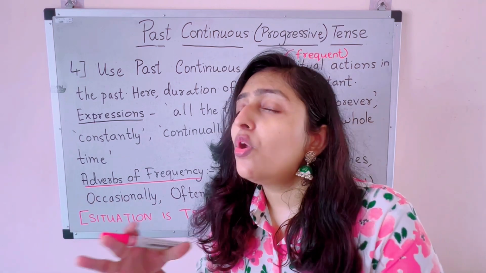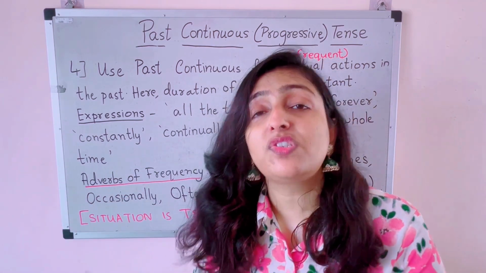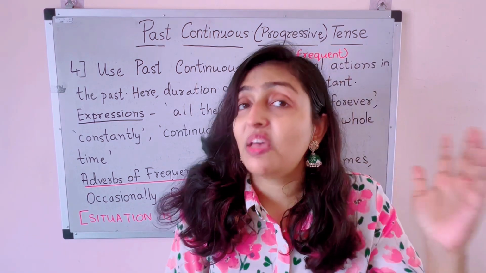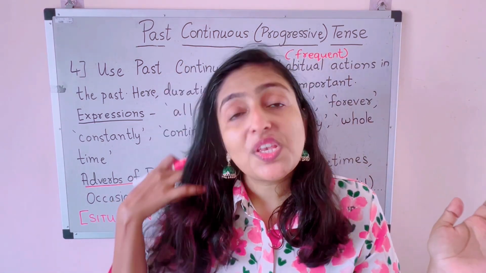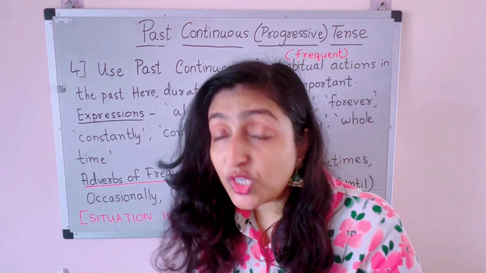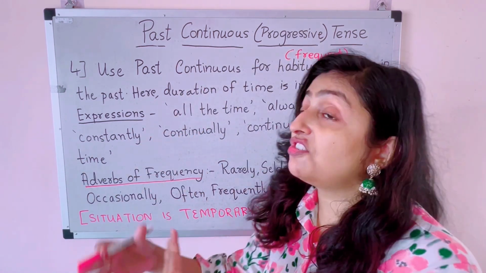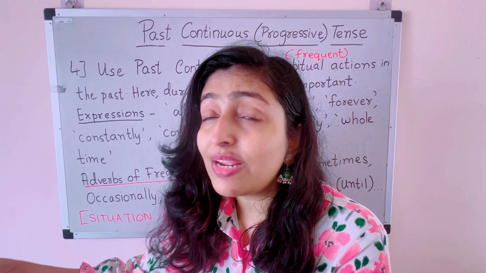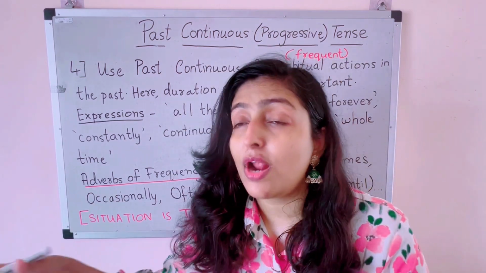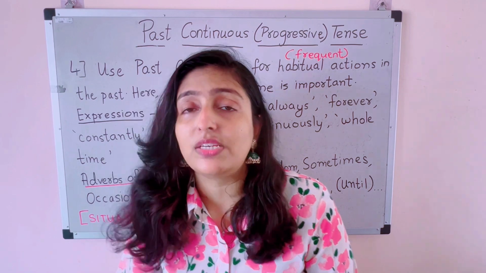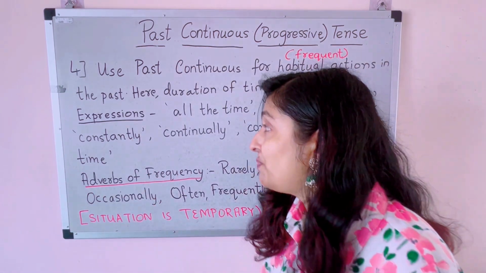Now, more or less, those actions or situations were temporary in the past. We use past continuous tense for habitual actions in the past because those situations were temporary, and also for unplanned, undesired events in the past.